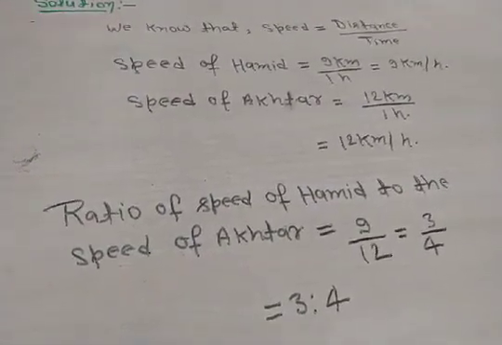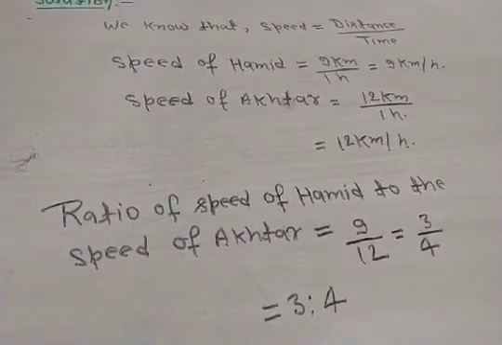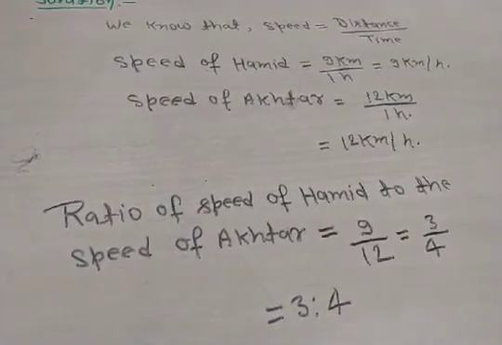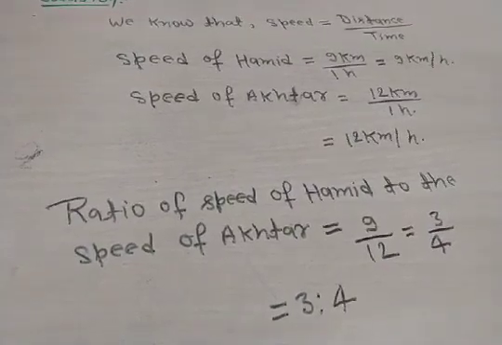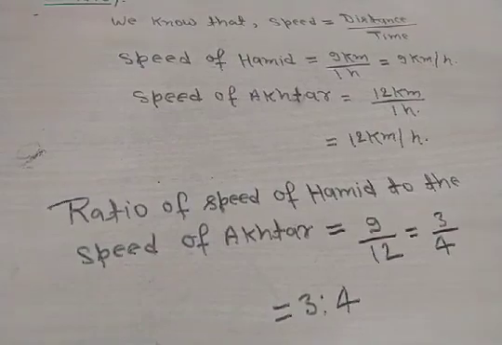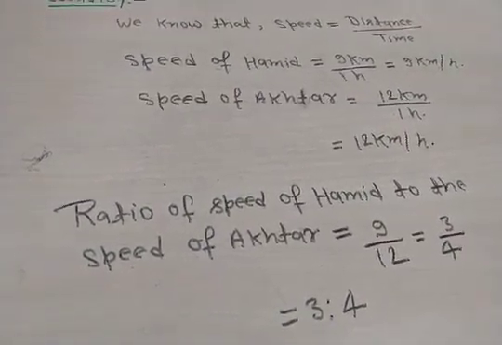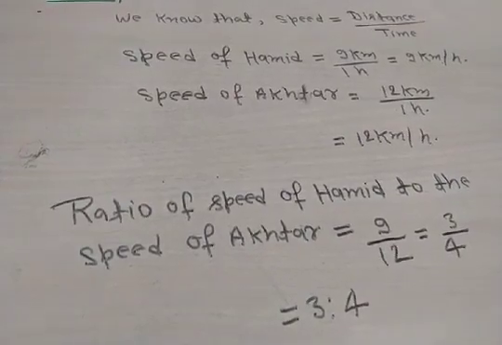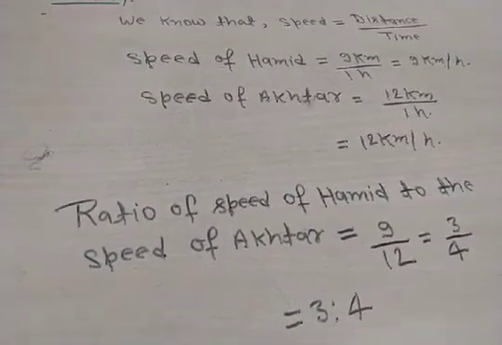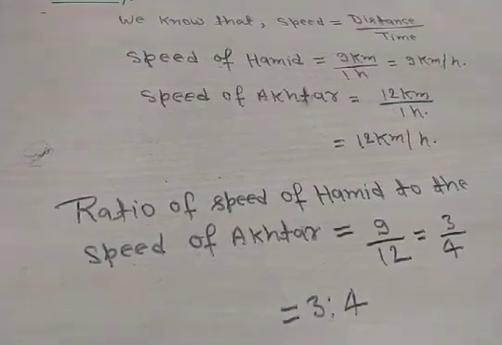First, we know that speed is equal to distance upon time. The distance covered by Hamid in 1 hour is 9 kilometers, so the speed of Hamid is 9 kilometers per hour, and the distance covered by Akhtar in 1 hour is 12 kilometers, so the speed of Akhtar is 12 kilometers per hour.